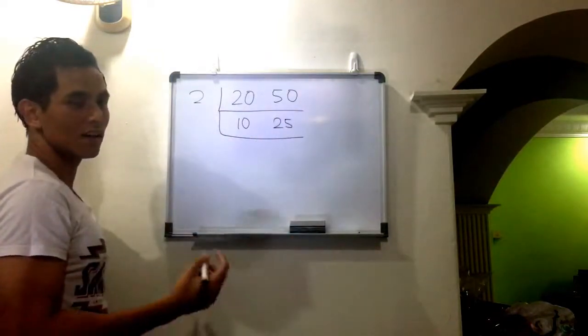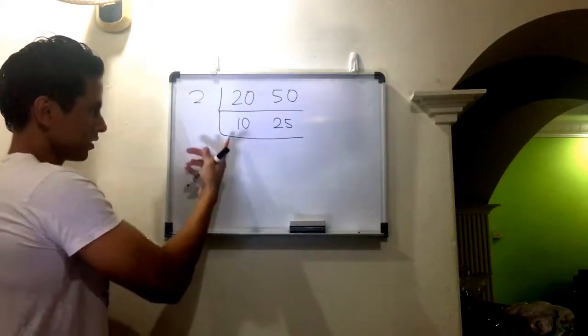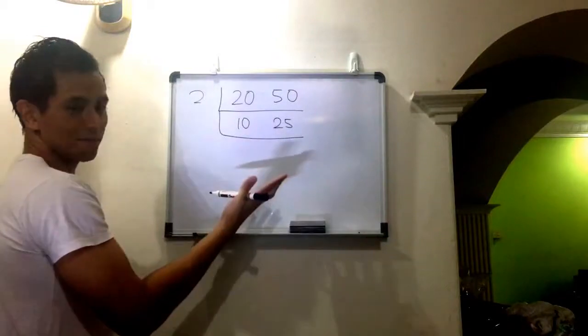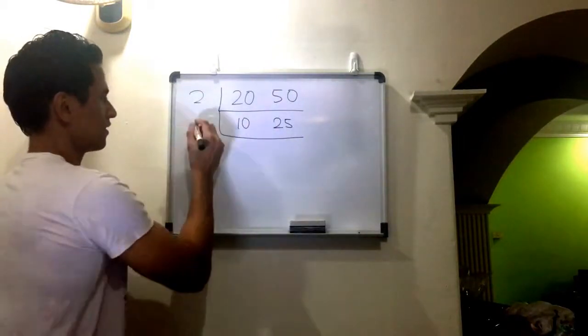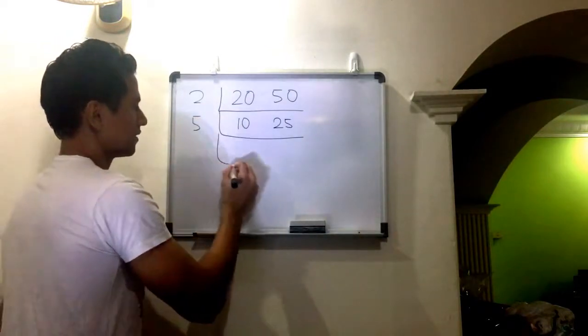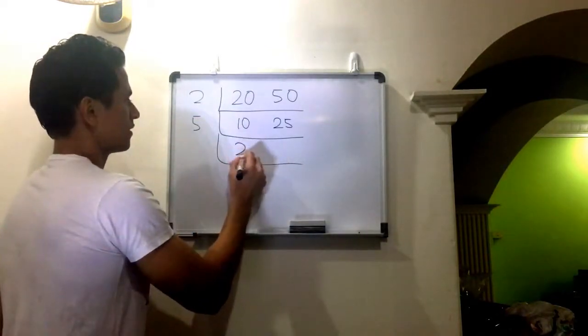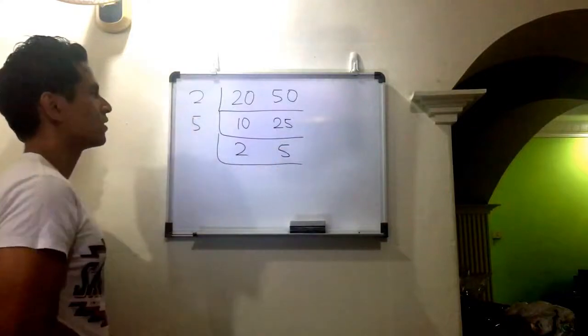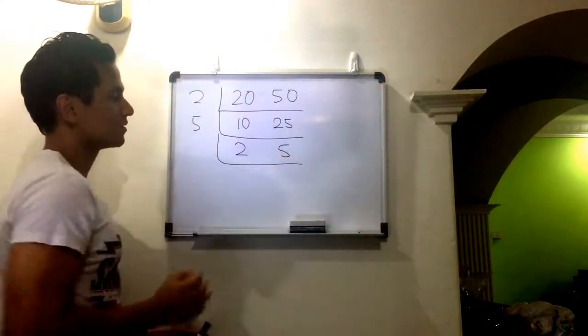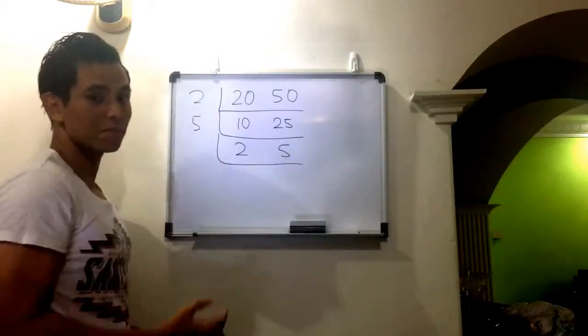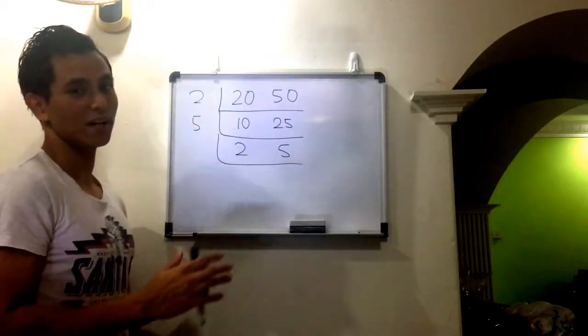And after this, again, we think about it, the number will be 5, as 10 and 25 both can be divided by 5. So in this case, right now, these two numbers here are already prime numbers. So we should just stop right here.